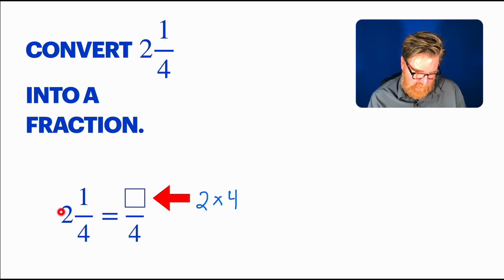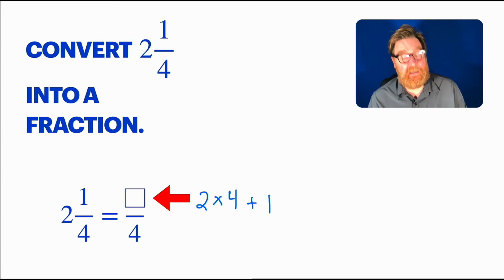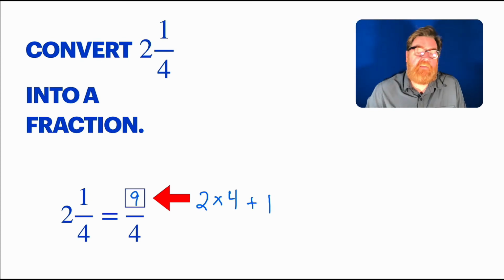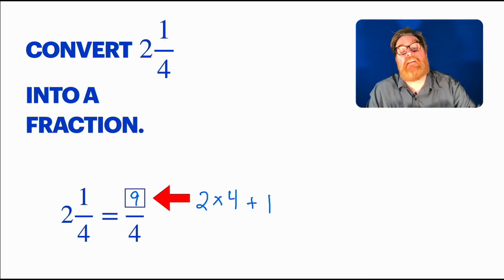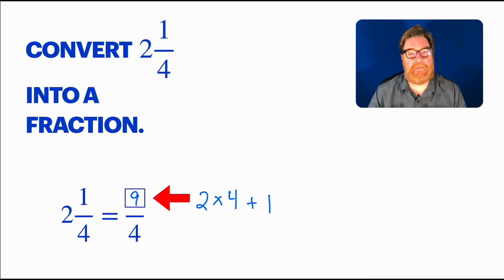That's coming from right here. Okay, 2 times 4 plus 1, plus this 1 up here. All right, and 2 times 4 plus 1, 2 times 4 is 8 plus 1, that's just 9. Okay, so 2 1/4 is the same as 9/4. You can write it in the mixed number form, you can write it in the fraction form, whatever you need.